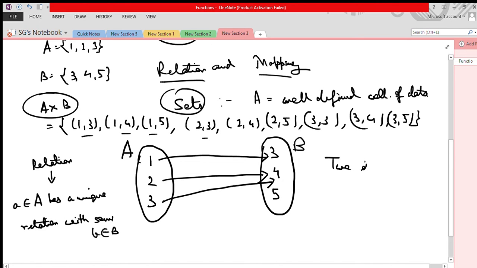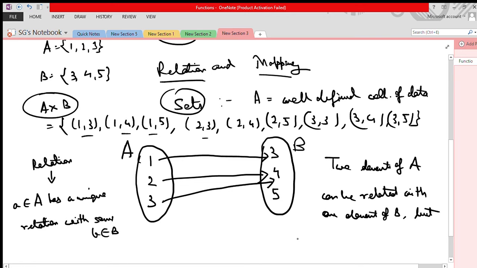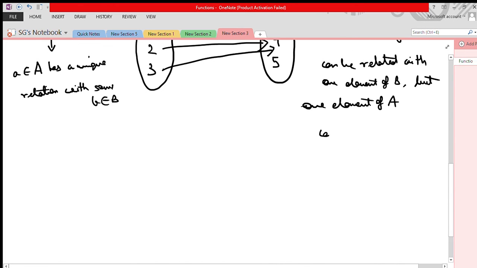Two elements of A can be related with one element of B, but one element of A cannot be related with two or more elements of B.